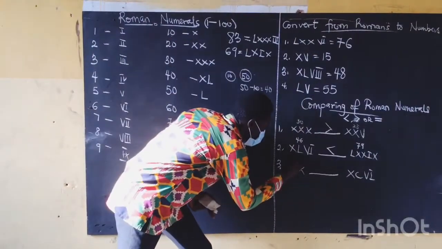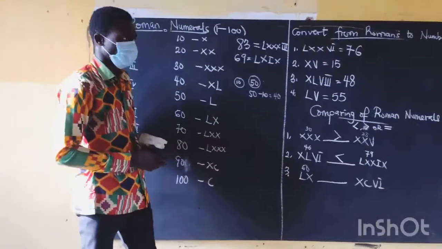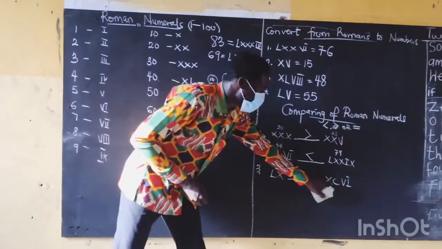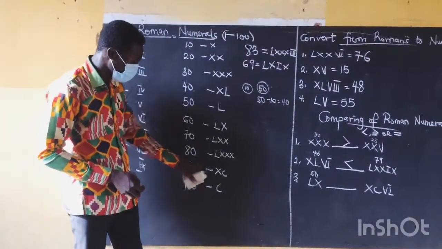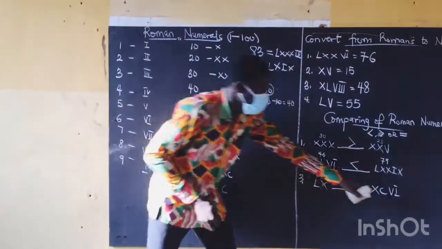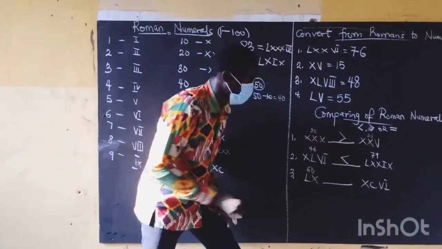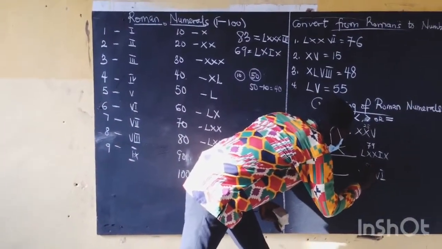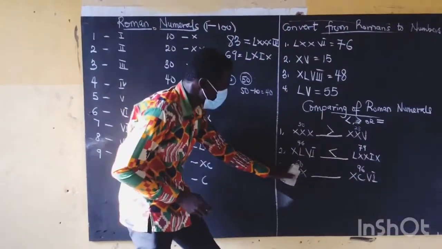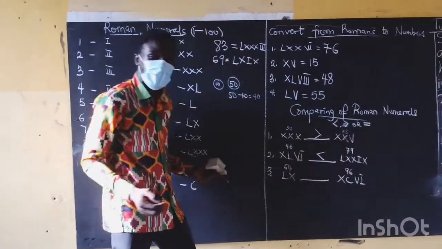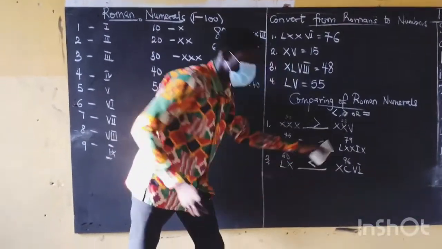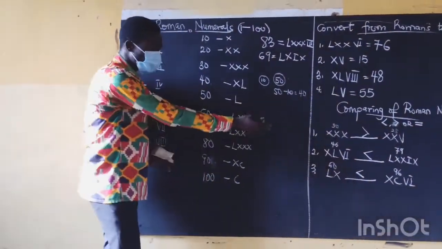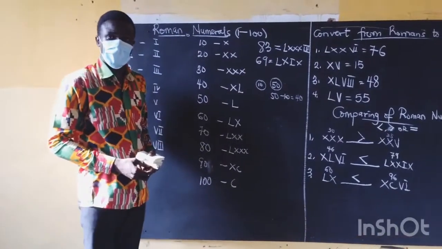So this Roman numeral is 60. XC stands for 90 from our chart. VI is 6. So this gives me 96. Looking at 60 and 96, we will say that 60 is less than 96. I have compared these two Roman numerals.